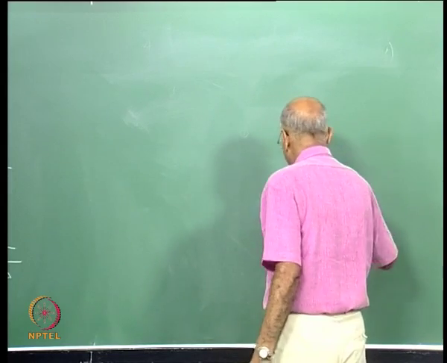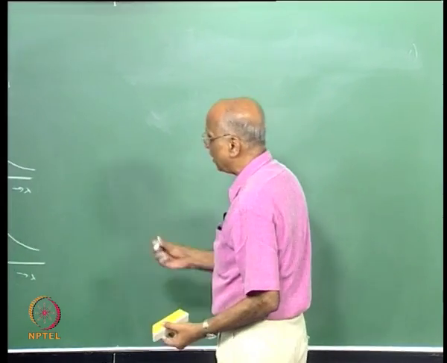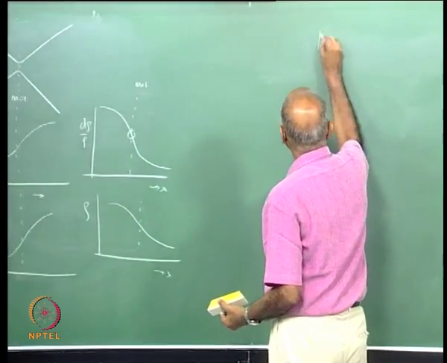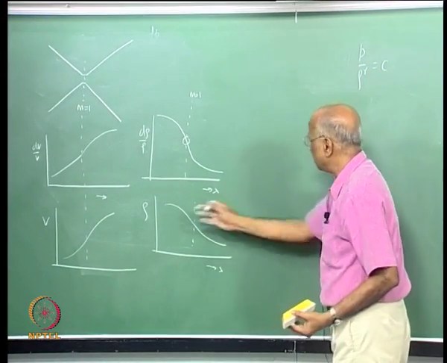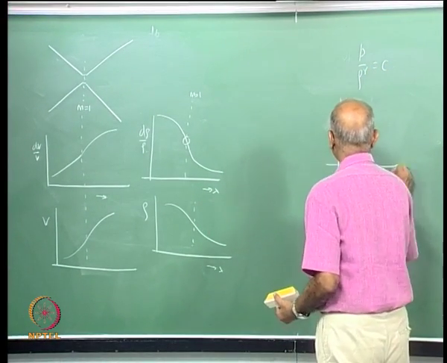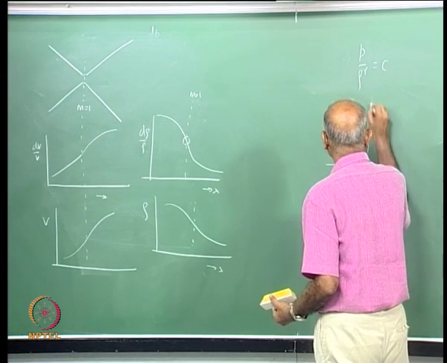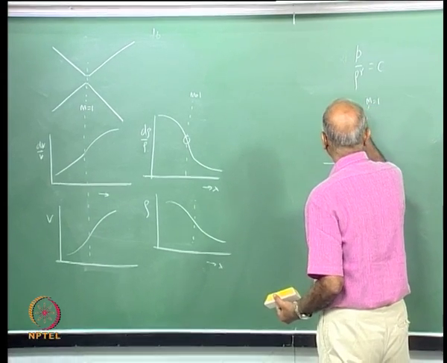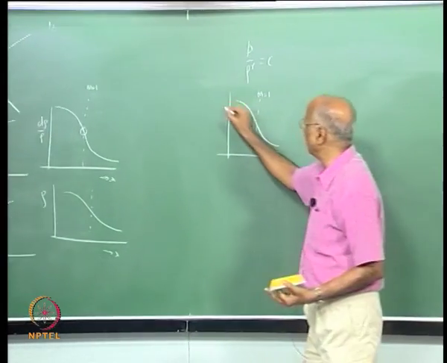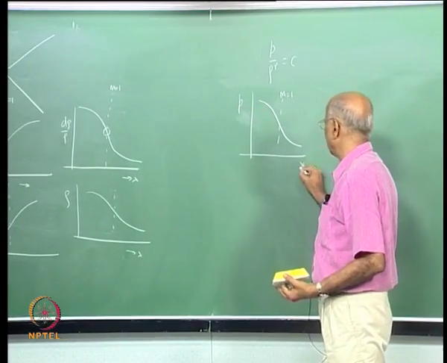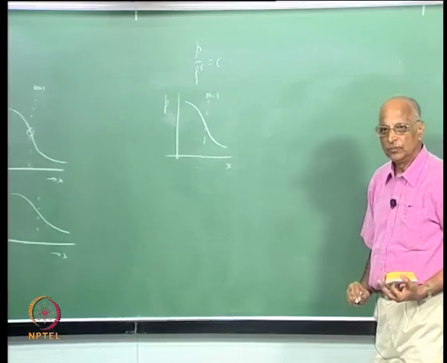We told ourselves the flow through the vent is adiabatic and reversible, therefore P by rho to the power gamma is a constant. I know density changes, and therefore the pressure, if I have the throat at M equal to 1, should also decrease. This will be my variation of pressure with respect to x.